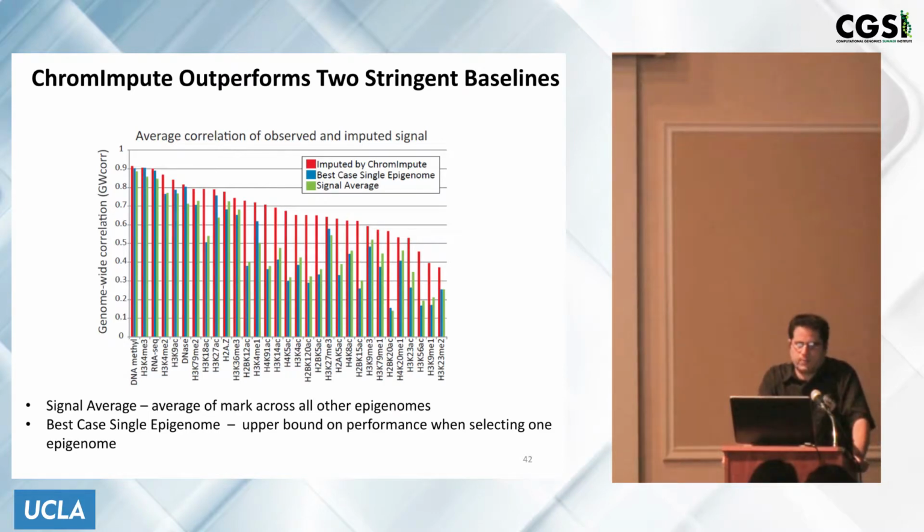If they're missing some mark in a specific cell type, they'll guess what is the most relevant cell type that they have and use it in place of that. No matter how well you make that selection, this imputed data had better correlation with the held out observed data. And another baseline would be just averaging that target mark in all the cell types for which we have the data available.